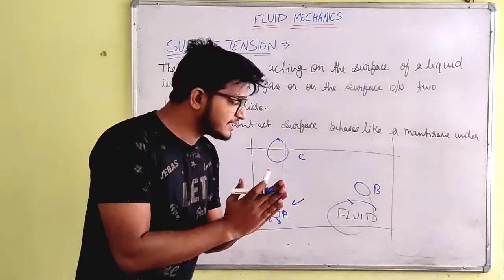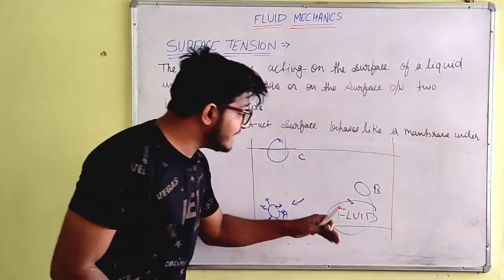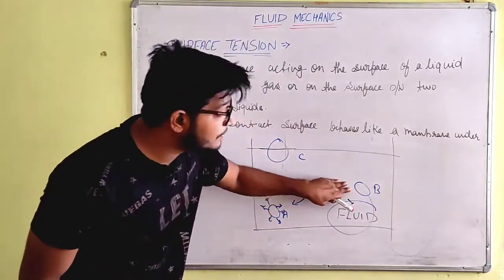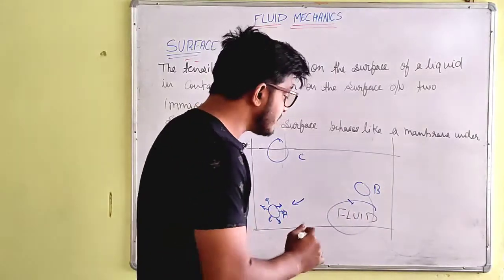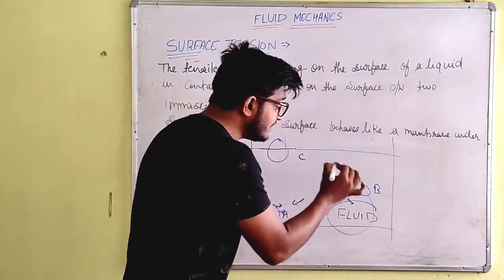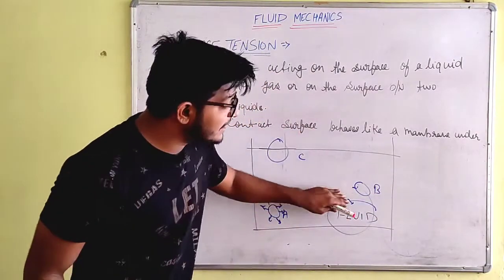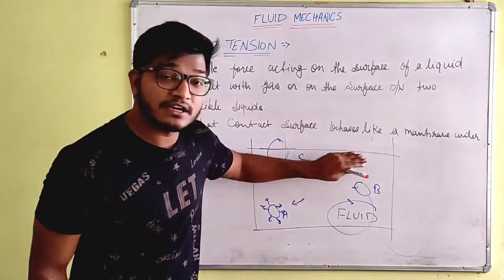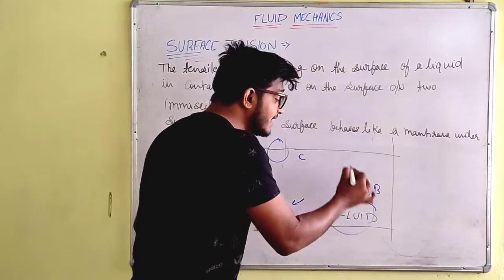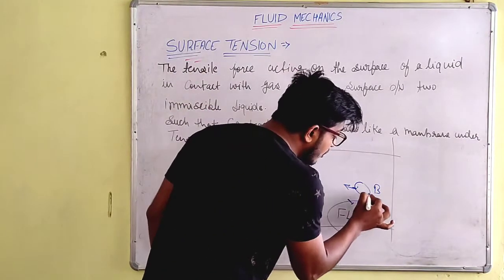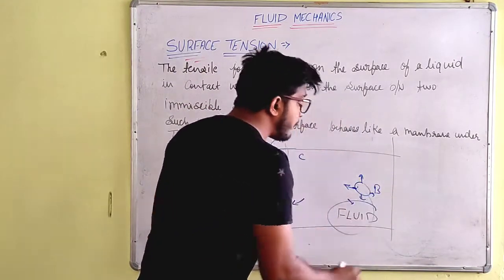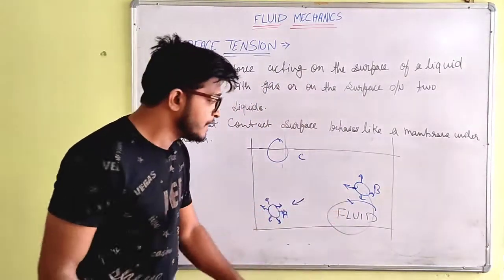If that is clear, then it is okay. Now let's move on to point B. Let's say it is at the mid part. Again the pressure will be generated on this B particle, and by that pressure the tensile force will occur on the surface of the particle.